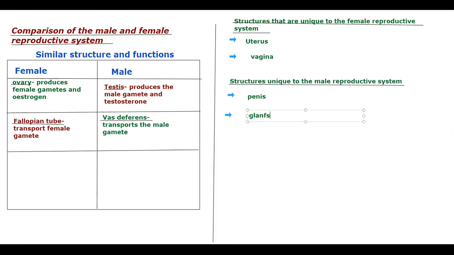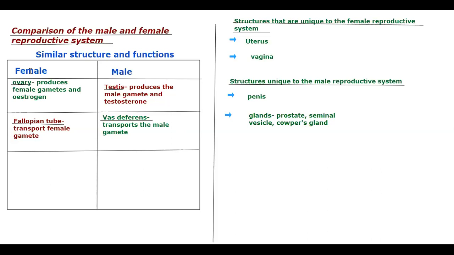That would be the prostate, seminal vesicle, and the Cowper's. The female doesn't have any gland similar to that.